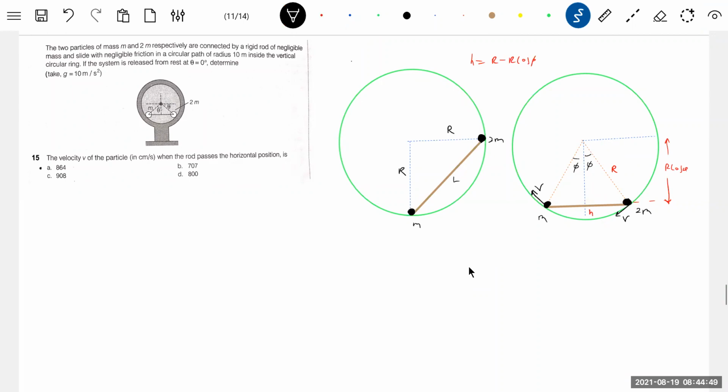Now we'll write down the equations. Decrease in potential energy: 2mg r cos phi should be equal to increase in gravitational potential energy of the other bob, mgh, plus mv square by 2 for the kinetic energy.